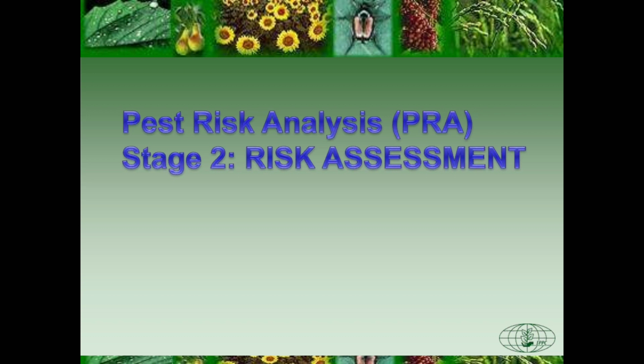The second stage, or in the previous video, we discussed the first stage, that is initiation. In that initiation we discussed in brief the identification of the pest, then the pathway from which the introduction of the pest is done, and lastly the review of policies for control of that pest.